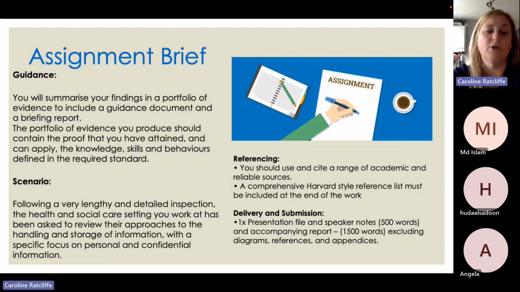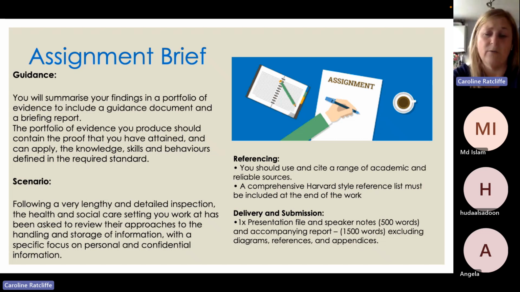The health and social care setting you work at has been asked to review their approaches to the handling and storage of information, and there is a specific focus on personal and confidential information. Now, again, remember what I've said to you on previous assignments.